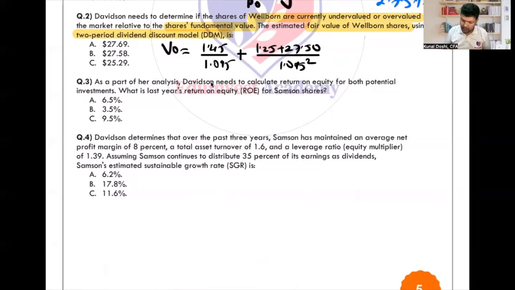I get 25.3 approximately. Correct? 25.33, which is nothing but your answer C. Precisely, you'll get 25.286 or something. Got it, everyone? Easy two-stage model.